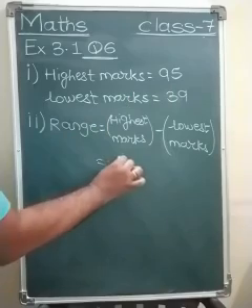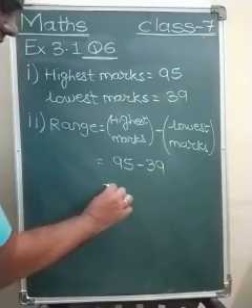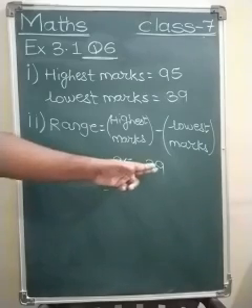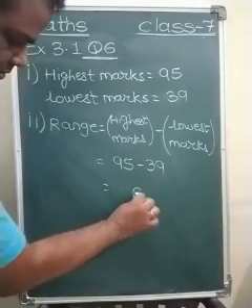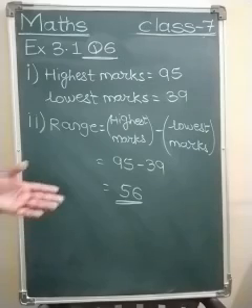So highest marks is 95, lowest marks is 39. So our answer comes to 56 marks.